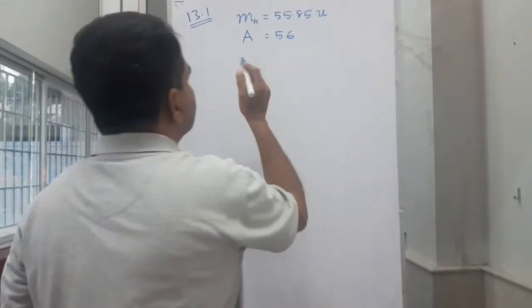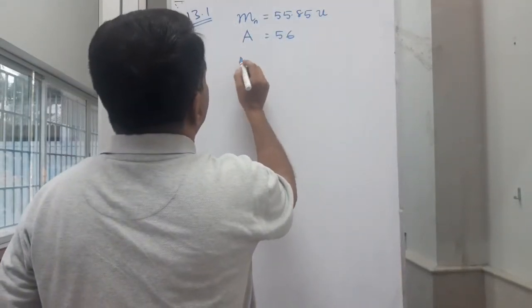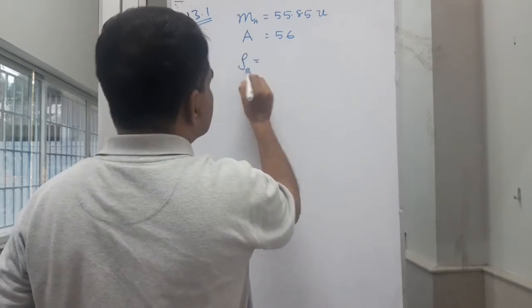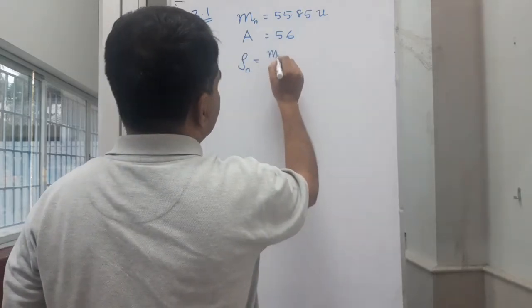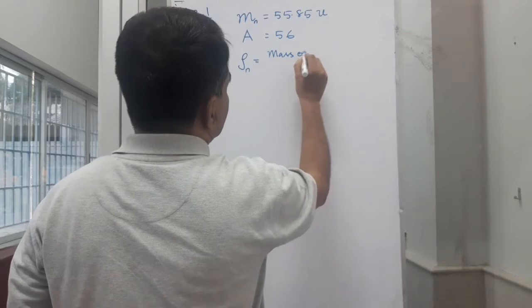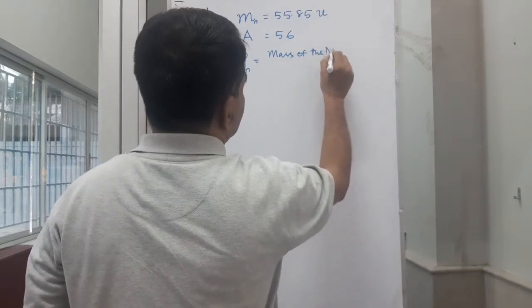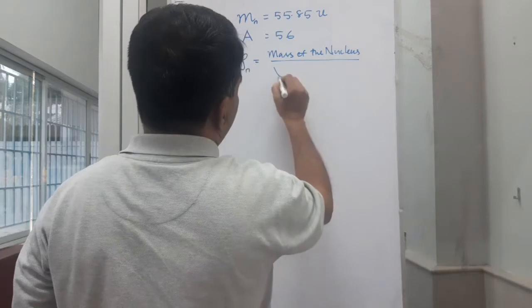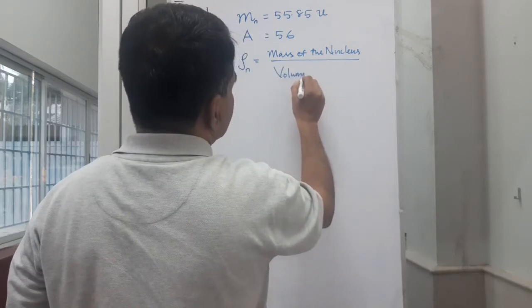So now you need to find the density of the nucleus. So how do you find the density? Very simply, the density of the nucleus is the mass of the nucleus divided by the volume of the nucleus.